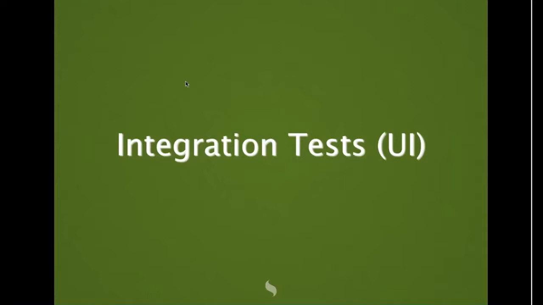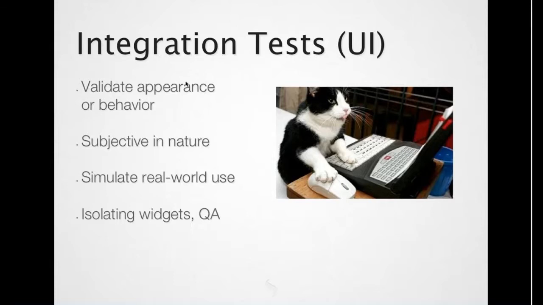Now, the last piece of the unit testing puzzle centers around the concept of integration tests, which are sometimes referred to as functional tests or UI tests. This topic was covered in my most recent article on the Sencha blog, published just a few weeks ago.